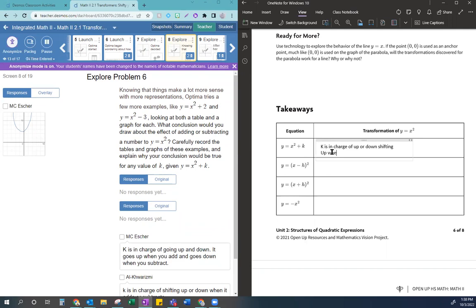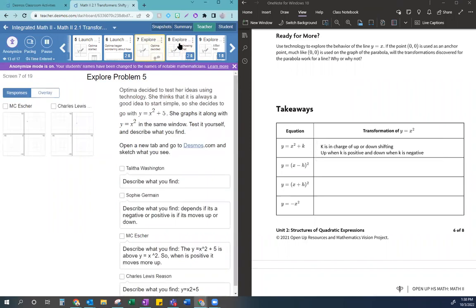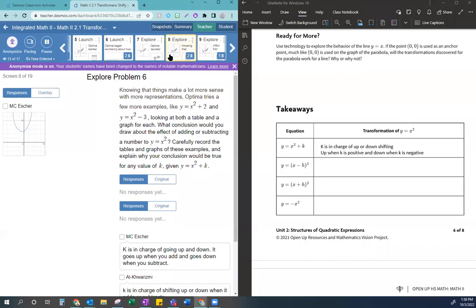Up when K is positive and down when K is negative. Okay, so for those of you who are like, Ms. Johnson, I forgot to fill out those slides. No worries, no worries. So now you know how to fill out slides 7 and 8, right?